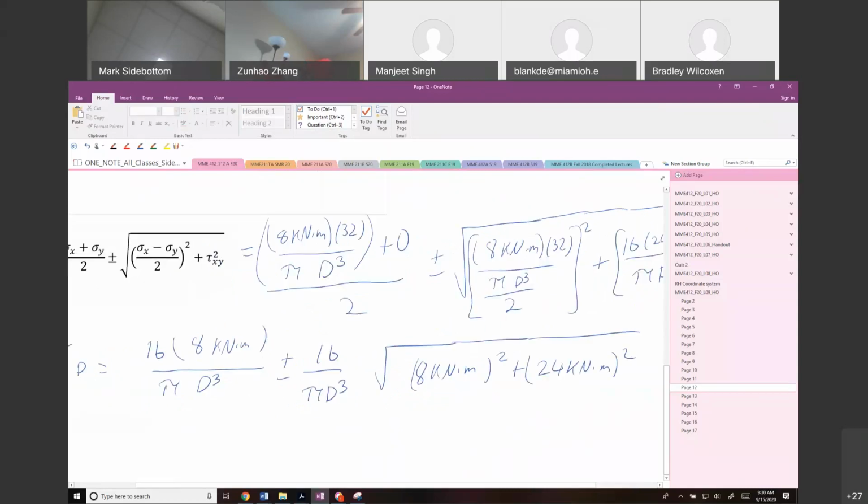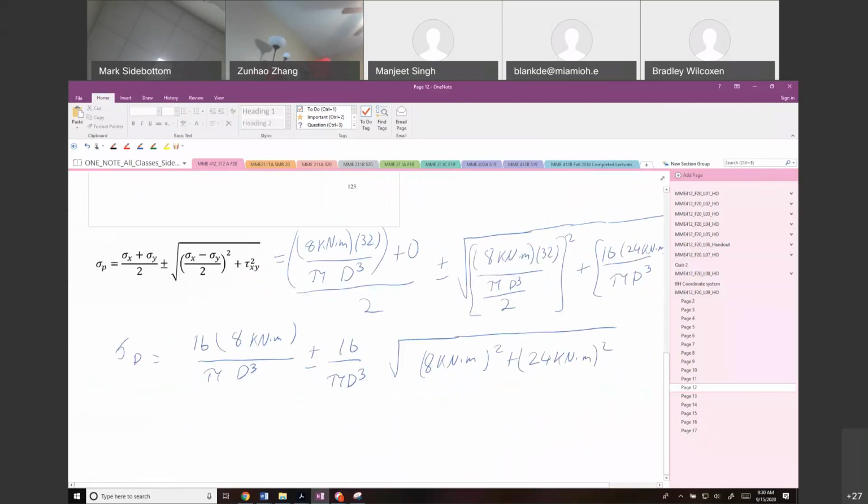Our first principal stress would be equal to the first term plus the second term, and then our third principal stress would be equal to the first term minus the last term. So for our maximum shear stress, it is equal to sigma P1 minus sigma P3 over 2.